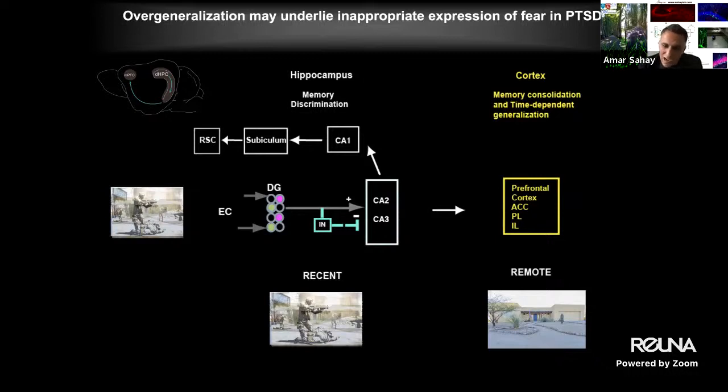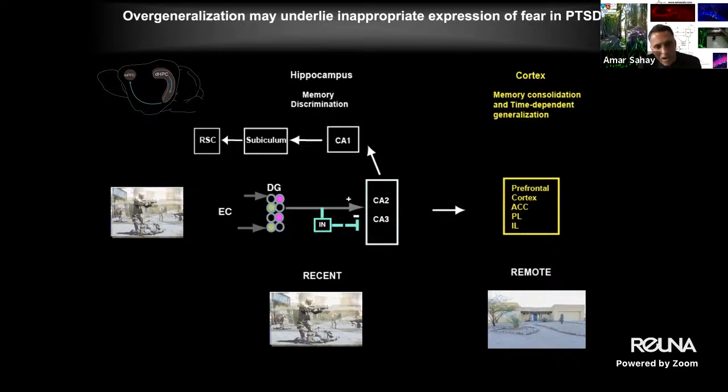For example, this house here, which is part of the original conjunctive representation, the scene in combat, is sufficient to evoke or retrieve the memory. And once the memory is retrieved, the hippocampus essentially releases the brakes on subcortical circuits that mediate the expression of fear and physiological symptoms like heart rate, skin conductance, and blood pressure, which is essentially the pathophysiology of PTSD.